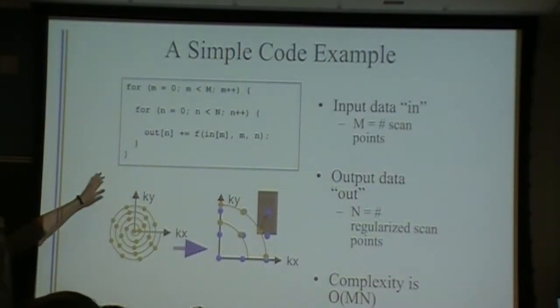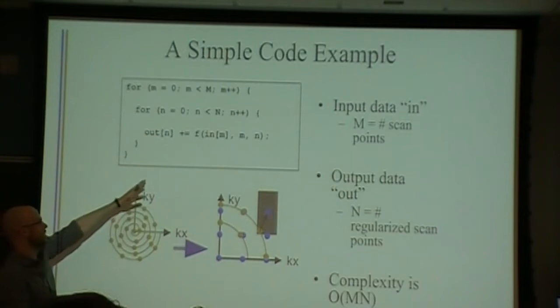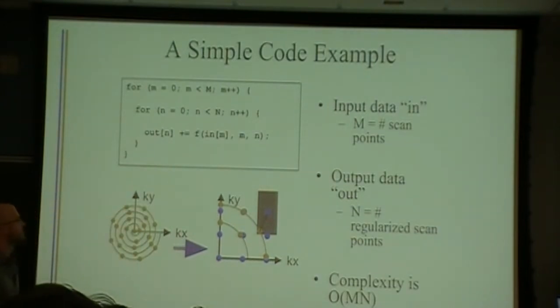That's what we're trying to convey here. This function can be quite complicated, but we're just pretending it's just a function. Of course, the complexity is the number of input points multiplied by the number of output points, because for each output point, we cover all the input points, and for each input point, we affect all the output points.